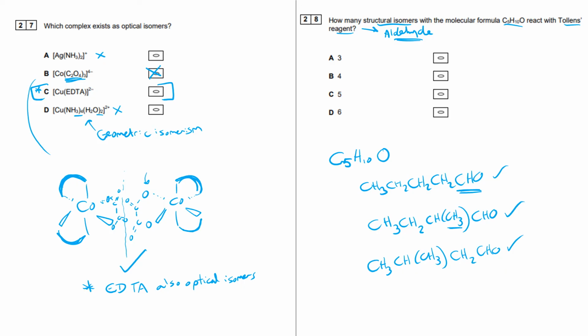And then finally, is there any other ways you could rearrange this? Well, you could in fact have 2 methyl groups on the middle carbon. One way of writing that formula there is the second carbon is going to have 2 methyl groups and your aldehyde at the end, dimethylpropanal. So that gives us 4 aldehydes that would react with Tollens reagent with that formula.